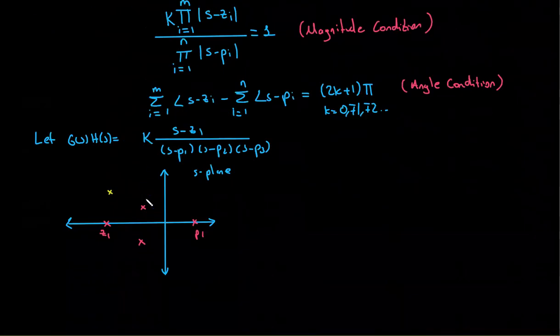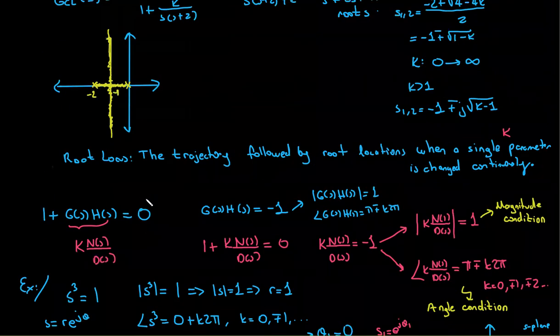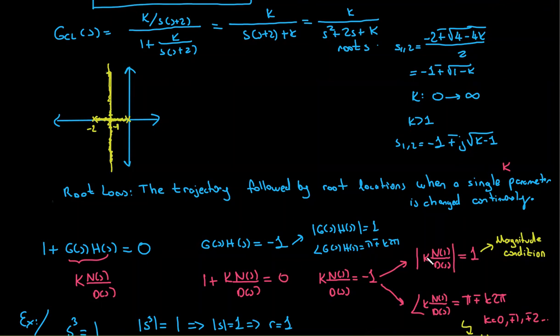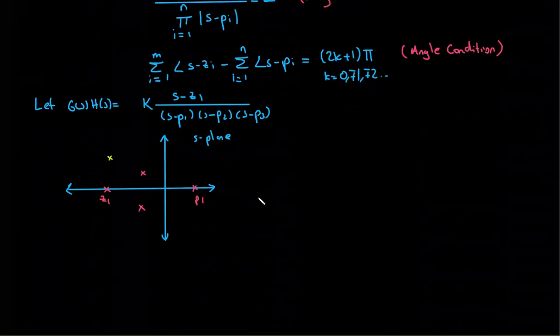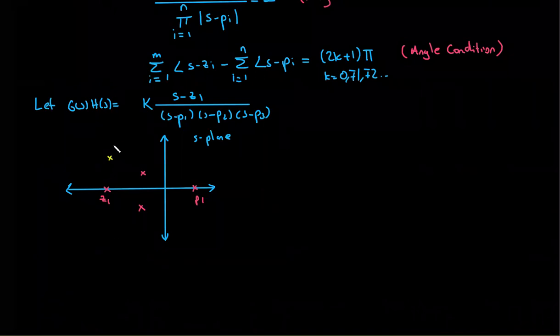This is because all points here and there satisfy the magnitude and angle conditions for some positive k value. Let me show that if we go back to our example. Let this s be our test point.